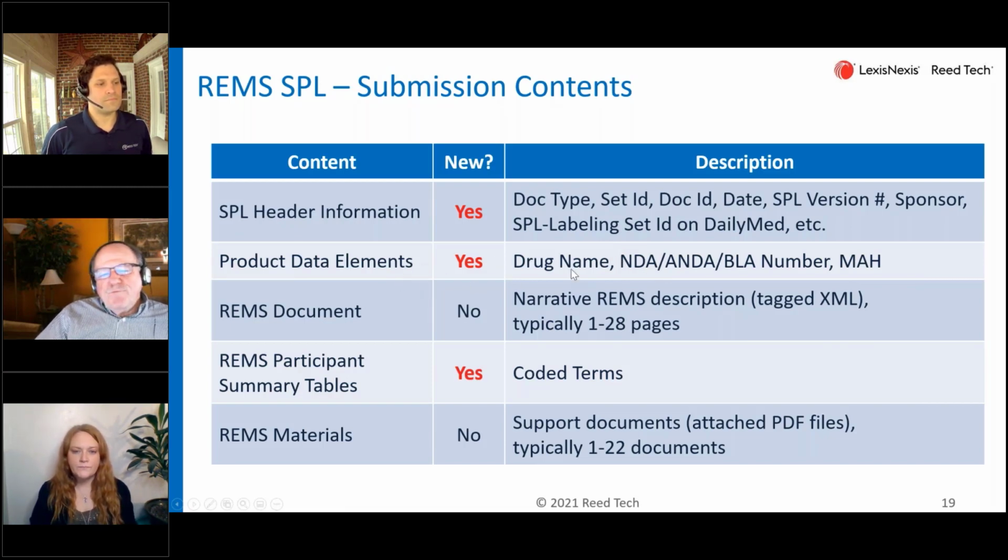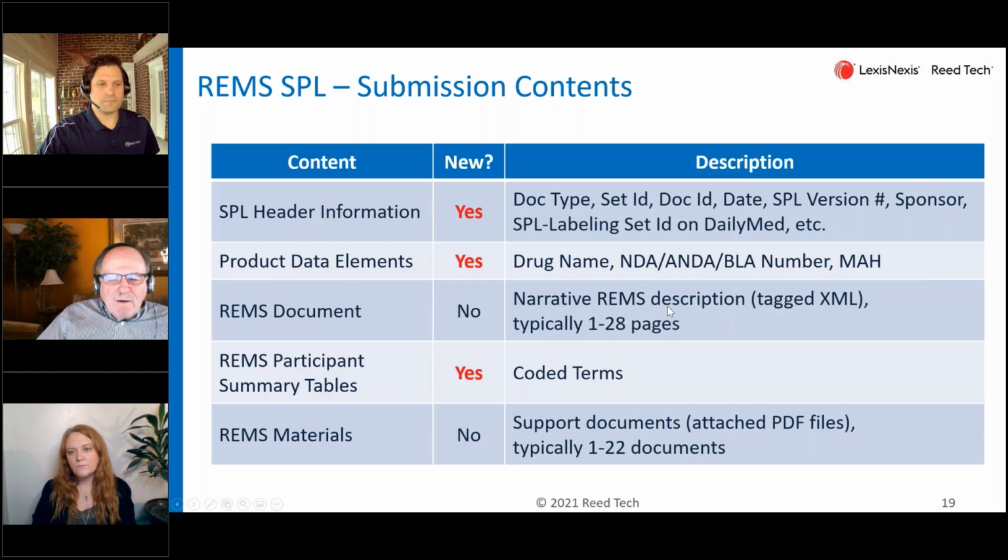There are a few product data elements. Most of these are actually in the REMS, and you could probably find them. There's a DUNS number also on this list, probably not in the REMS, but not too complex. The third row there is actually the REMS document. This is that format that we talked about earlier, which has all those sections in it and the requirements.